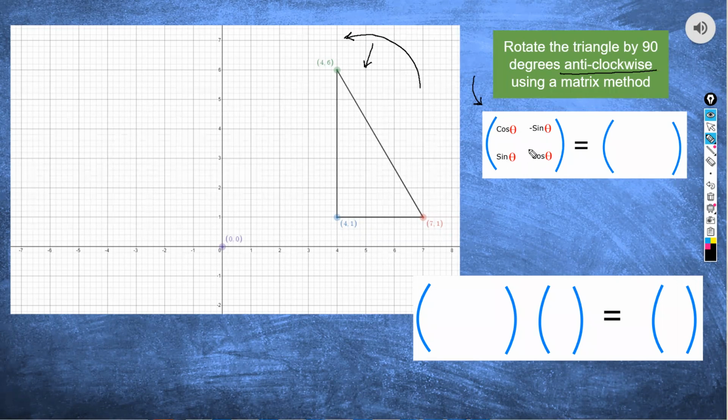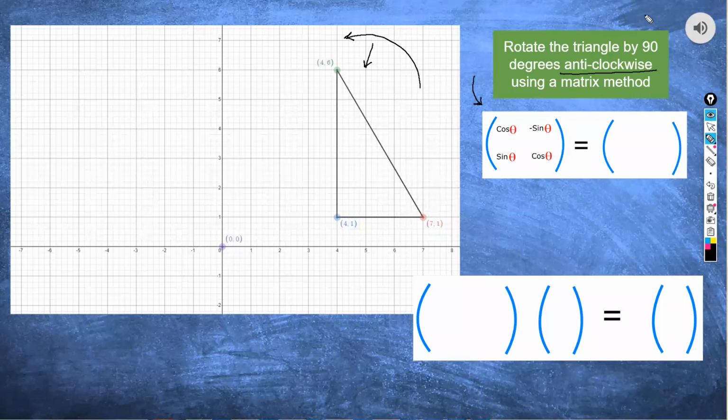This formula only works if the center of rotation is the origin. Now, for all practical purposes, I'm going to assume that in this question the center of rotation is the origin. To do this question, don't let the cosine and sine scare you.